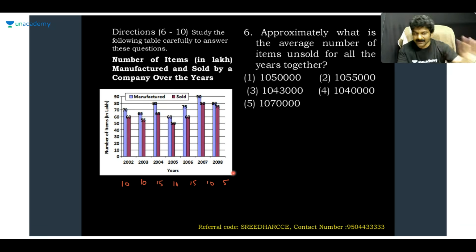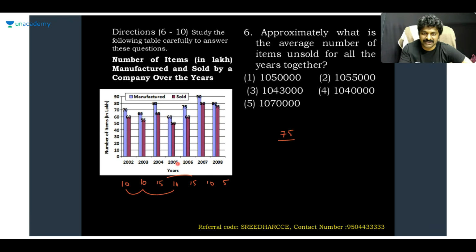You can directly add values and then go for direct average, but there is another way also. Let me tell you that. 10, 10, 10, 30, 15, 15, 30, total so far 60, 70, and then 5, 75.